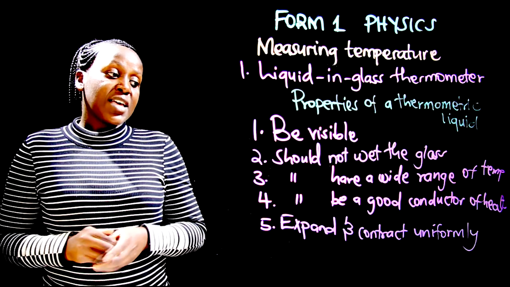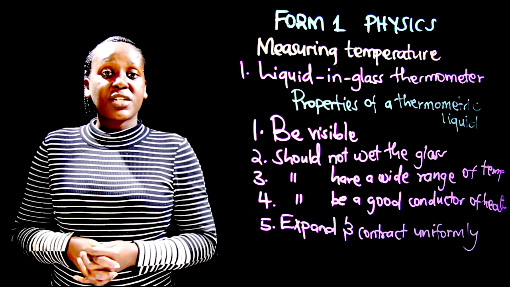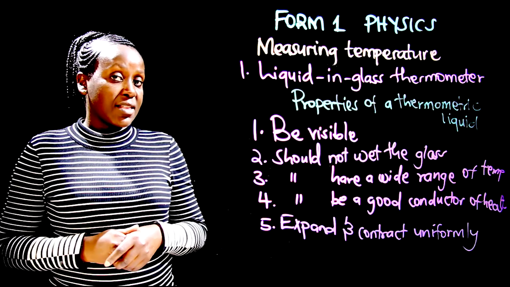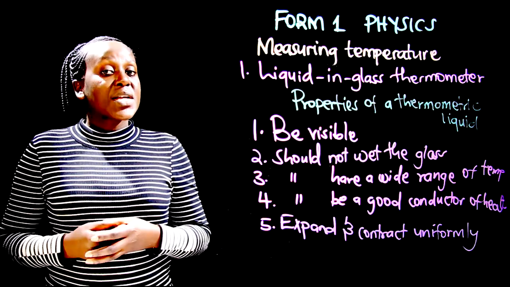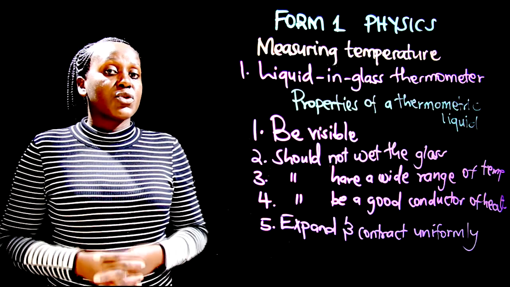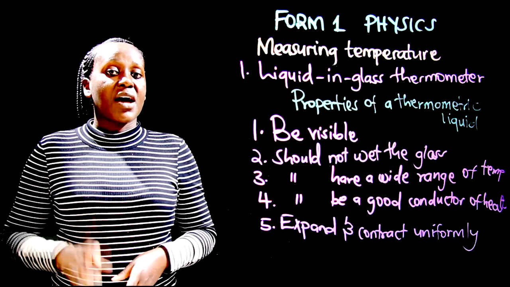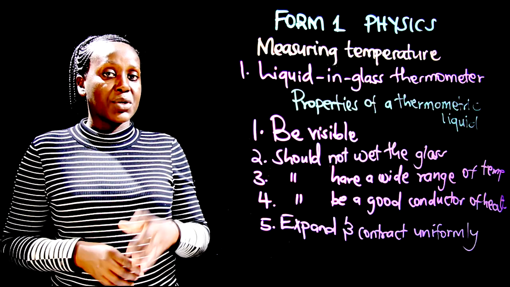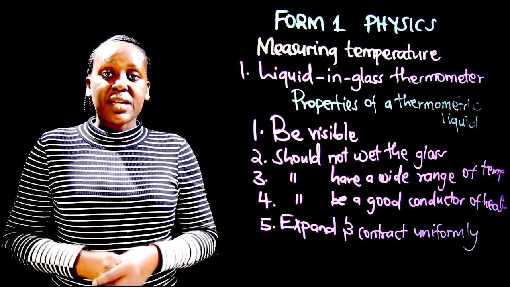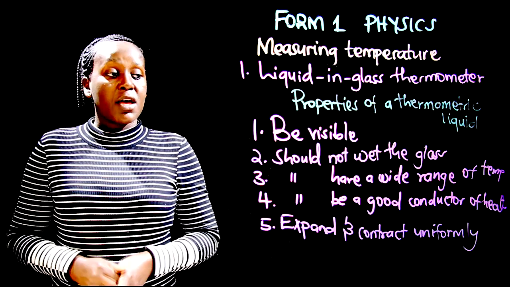All right. So if you're asked for reasons why water should not be used in a thermometer, then all those are the reasons. So which liquids do we use? The two most commonly used liquids in a thermometer are alcohol and mercury. But between alcohol and mercury, mercury is the best, okay?